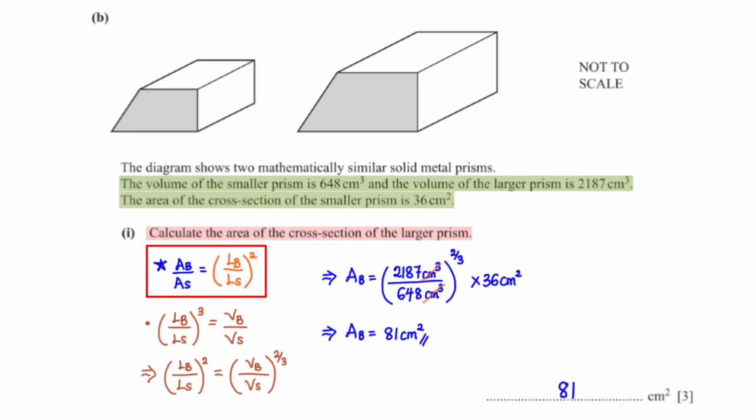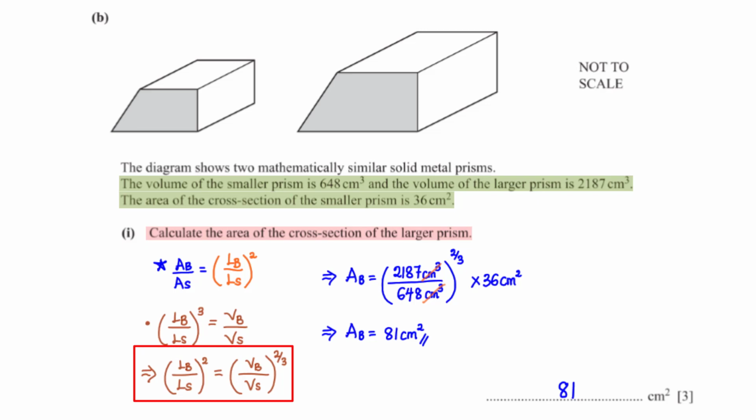For similar shapes, we know that the ratio of their areas should be equal to the square of the ratio of their corresponding side lengths. We've not been given the ratio of their side lengths. However, we know that the ratio of their volumes should be equal to the cube of the ratio of their corresponding side lengths. Since we are interested in finding the square of the ratio of their side lengths, we take the power of 2 over 3 to both sides of the equation, and this is what we have.